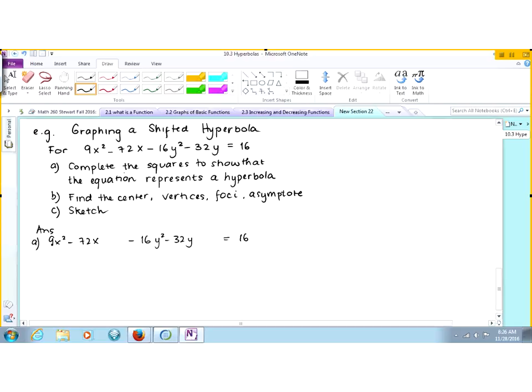Now, can we factor out the greatest common factor from 9x squared and 72x? So it's not the greatest common factor, it's the coefficient. So 9x squared minus 8x, because I need to complete the squares, right?